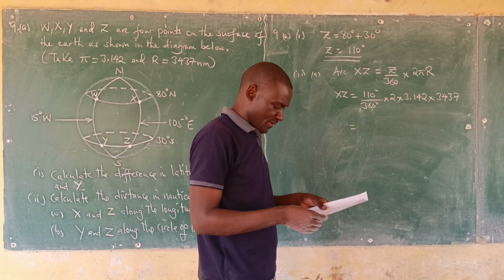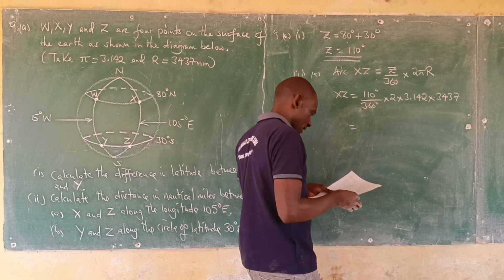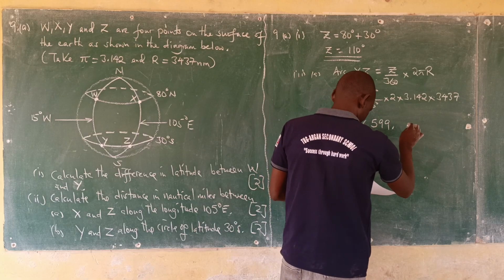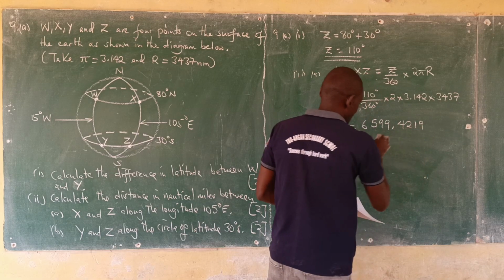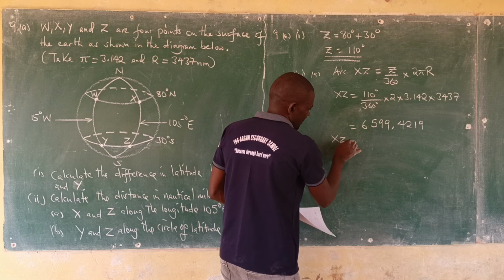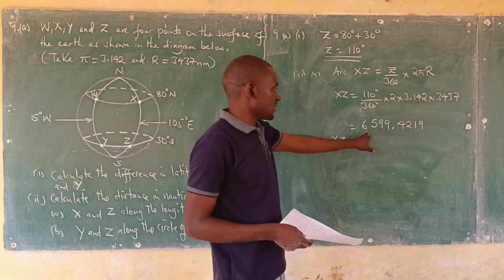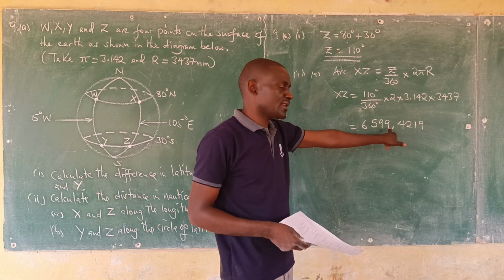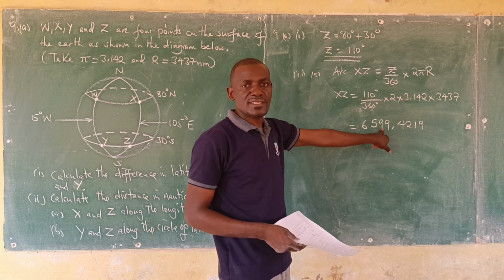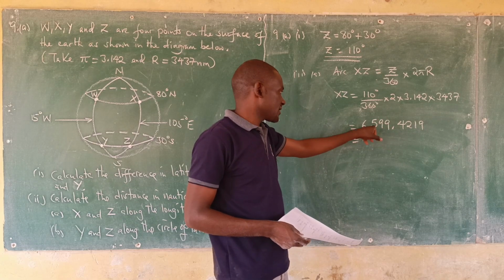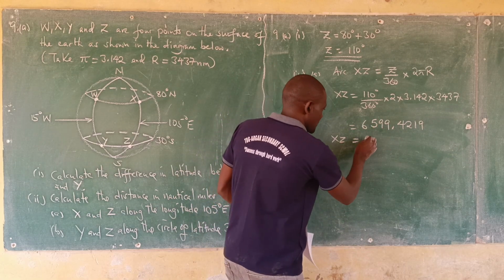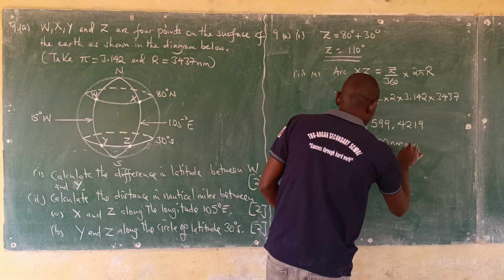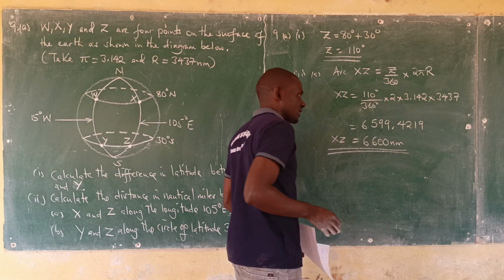And of course, you should be finding 6,599.4219. So if I write this to 3 significant figures, I'm looking at 9 as the round off digit. So if I give it a value of 1, when this one turns to 0, this becomes 10, and we'll carry a 1 to the next, so it will become 6 here. So that is just 6,600 nautical miles. So that is our answer.